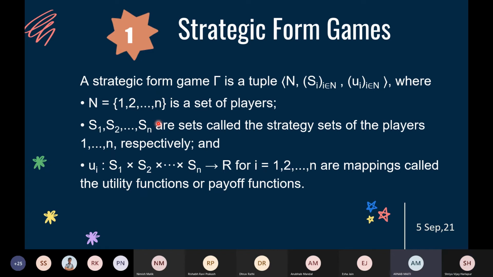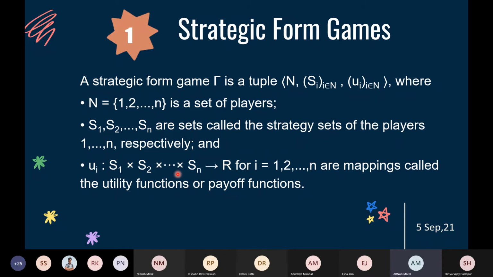Okay. Yeah. So the thing which I would like to add here is, for strategy sets, you can consider one particular player and think about that player. What can that player do? What actions can that player take? So that is basically the strategy set of that player.